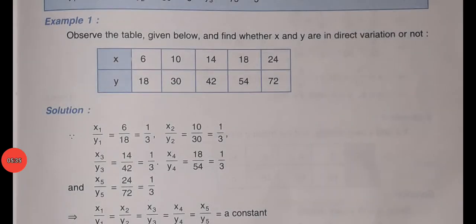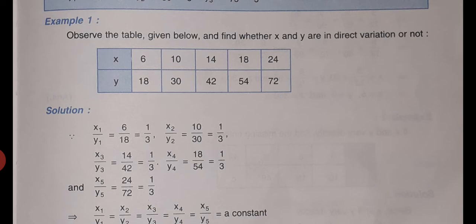Let us take example 1. Observe the table given below and find whether x and y are in direct variation or not. So here is the table. You can see we have to check whether it is in direct variation or not.